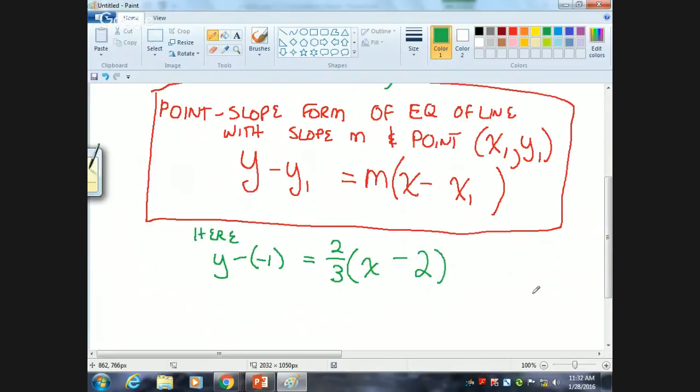So if you're just asked for an equation, boom, you're done. Usually, however, they want it in another form.